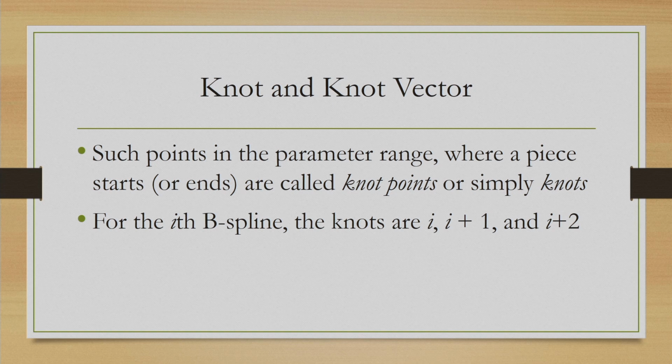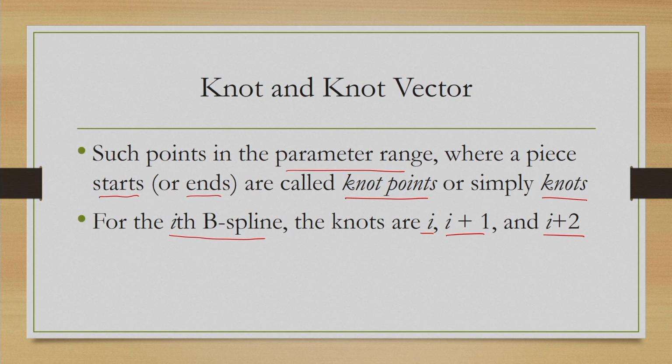Now, those points in the parameter range where a piece starts or ends are called knot points or simply knots. For the ith B spline, the knots are i plus 1 and i plus 2. Just to recollect, we have a spline made up of B splines.